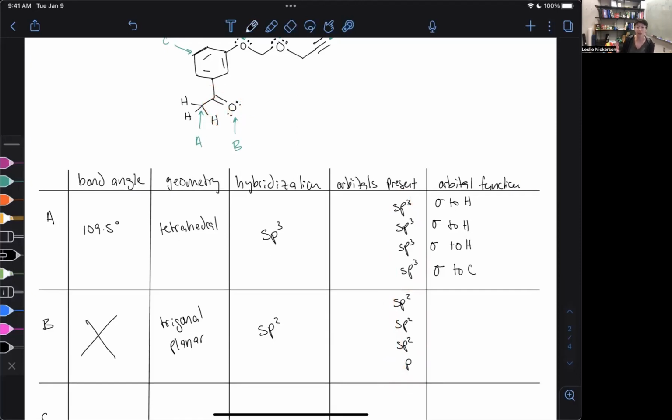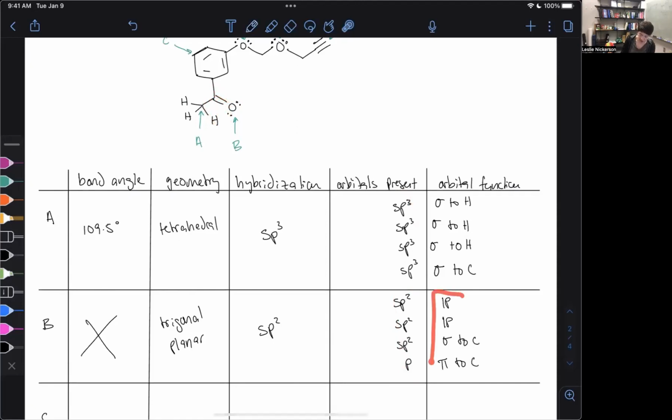So I'm just going to list out some stuff, and then we'll go ahead and rearrange it. So if I'm looking at our oxygen, I've got 2 sets of lone pairs. I've got a sigma to C, and that's taking care of one of these lines. But then what makes it a double bond is that I have a pi bond there. So I also have a pi bond to C, okay?